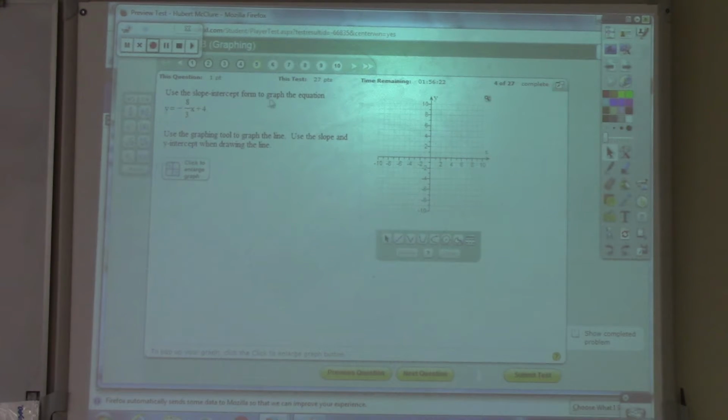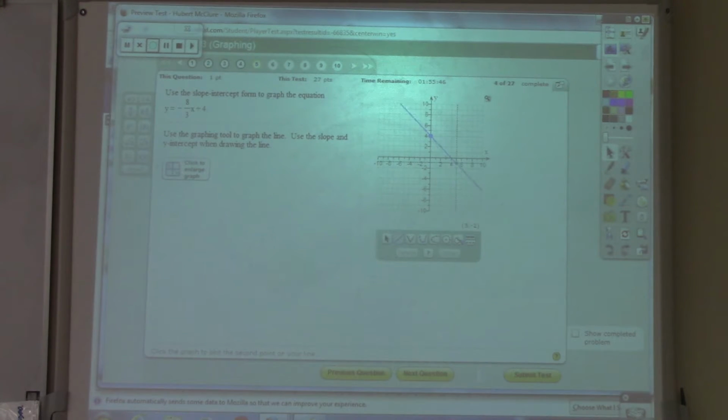Use the slope-intercept form of a graph to graph the equation. Which method? Method 3. Good. So 0, 4. I'm going to put 0, -4 right here, or positive 4. And then I'm going to count negative. There's the negative slope right here. Because we read which way? Left to right. So on the left hand, you're uphill and you're going downhill. So that's a negative slope. Let's not try to make this more difficult.